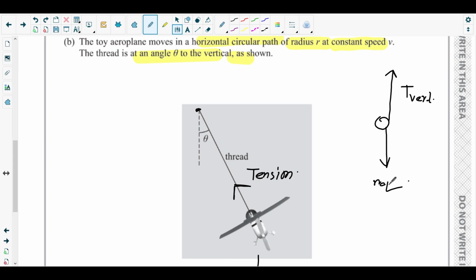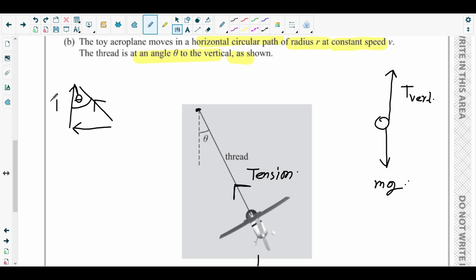Now consider the vertical component of tension. This is the vertical component, this is the horizontal, and this is the resultant, with theta here.